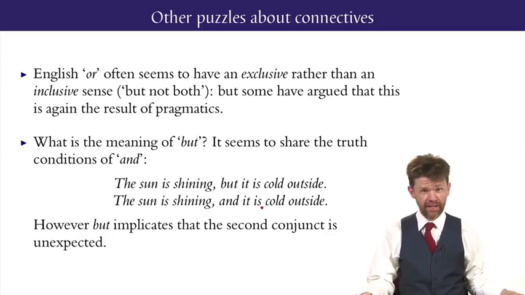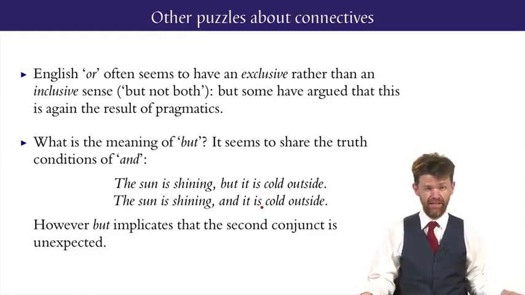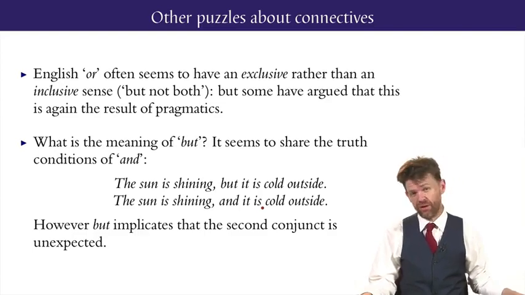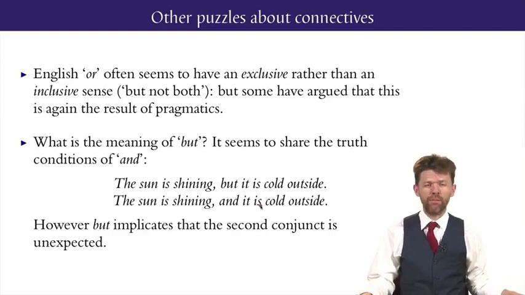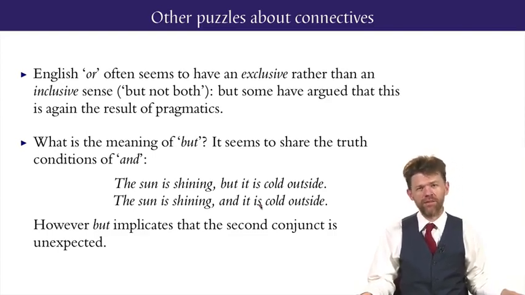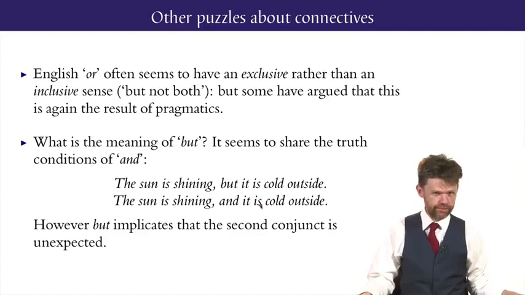Consider the choice between saying the sun is shining but it's cold outside over saying the sun is shining and it's cold outside. In both cases, the same thing is happening: the sun is shining and it's cold outside. But in the case of but, it sounds like you implicate that this second conjunct is somehow surprising or unexpected or distinctive in the context where we've just said the first.